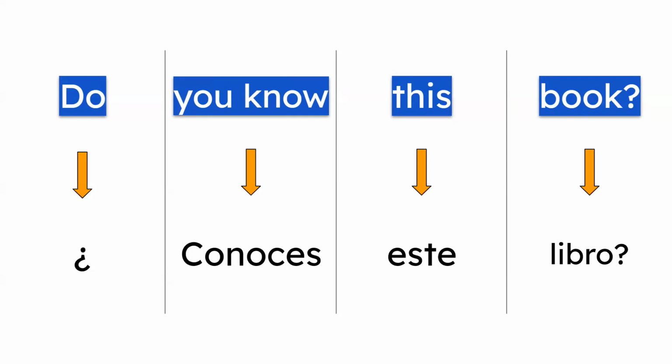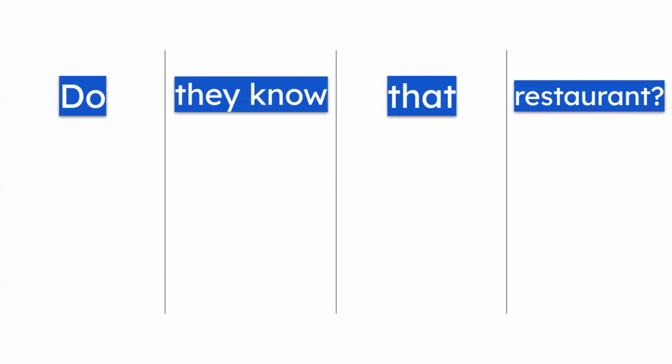Okay, those were things. Now, let's talk about places. Hey, do they know that restaurant? How do we say this in Spanish? They know. Conocen, ellos conocen. Restaurant. Is it masculine or feminine? El restaurante or la restaurante?